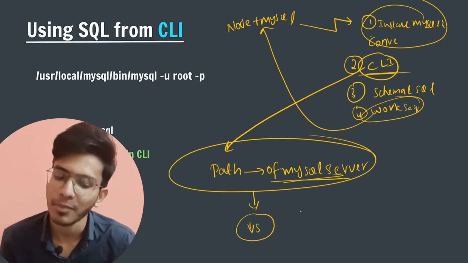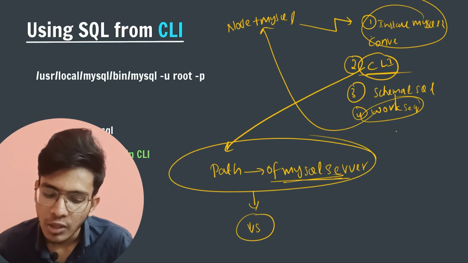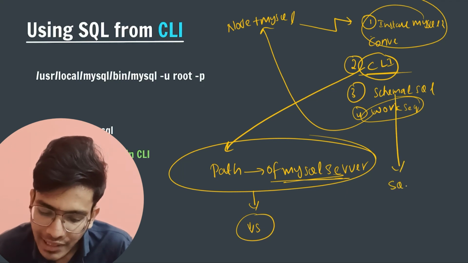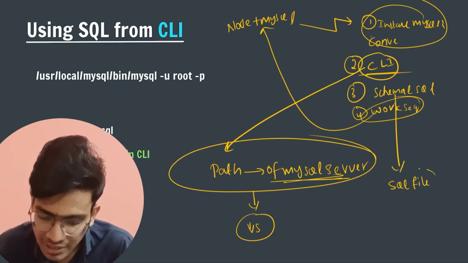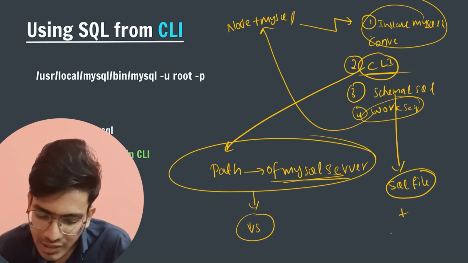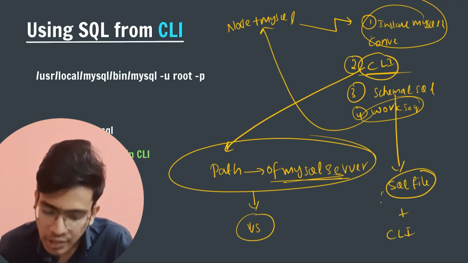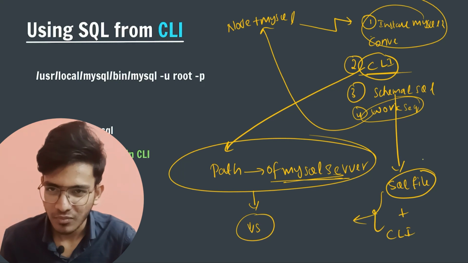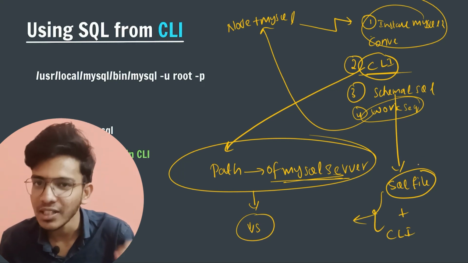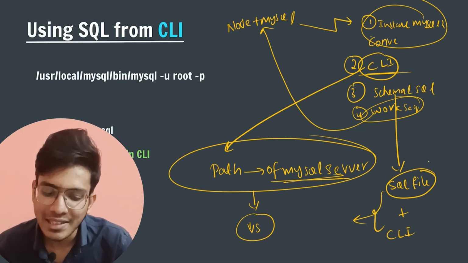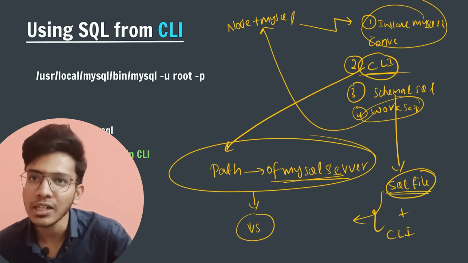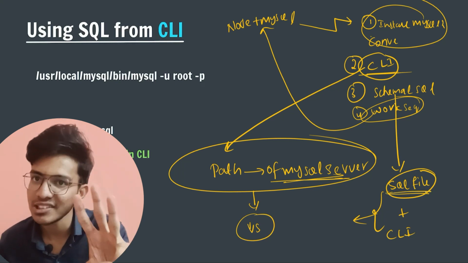This is the second method. And the third method is we will create SQL files, and after creating the SQL files along with CLI, we can change the data using this file. We can write our SQL commands in this file, and within the terminal we can run those commands. This is the third method.